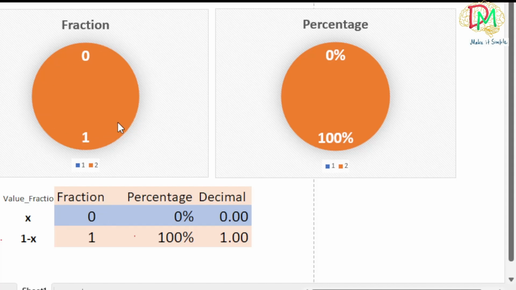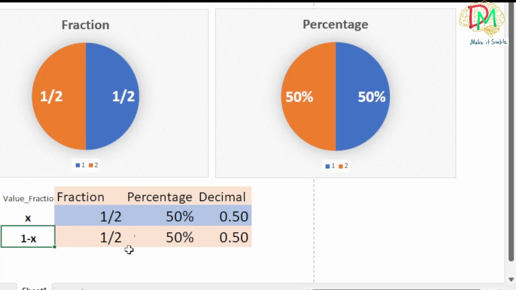In the pie chart, the entire total is always 1 part or 100%. Now if we change the first value, suppose we take half, then 1 minus x will be 1 minus half, which is equal to half. So both are half. The blue and orange parts both show 50-50 percentage.